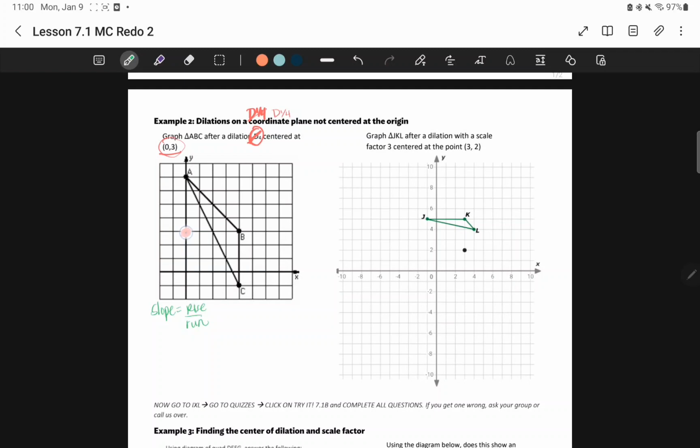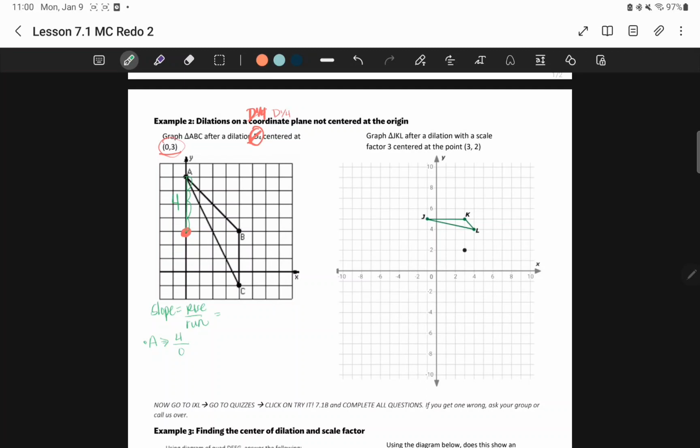So here's an example. From the center, which is my red dot, to A, I'm counting: 1, 2, 3, 4. My slope is rising up 4, but I'm not running left or right at all, so 0.